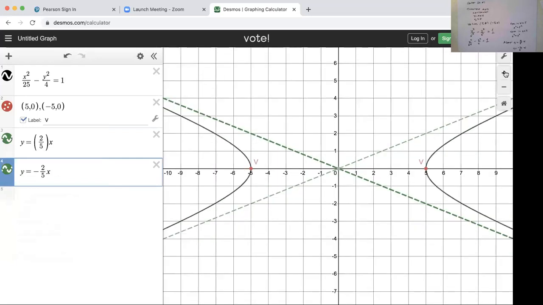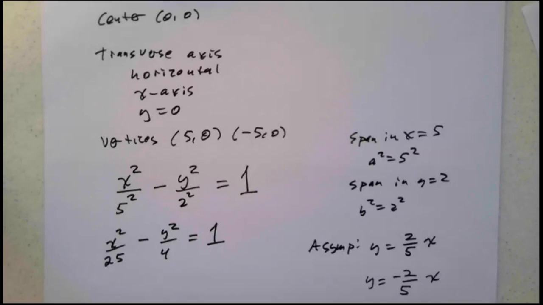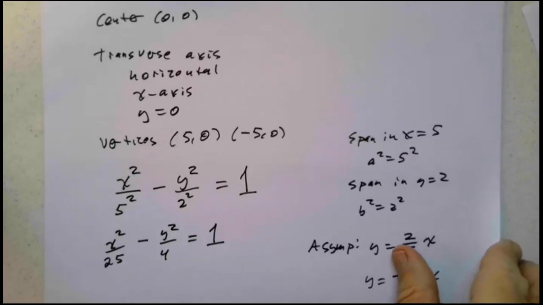Okay, but we want to find the foci. So remember, the hyperbola envelops the focus, as the parabola and the ellipse do. The focus is in here somewhere. How are we going to find it? Well, we have our equation: x squared over 25 minus y squared over 4 equals 1.